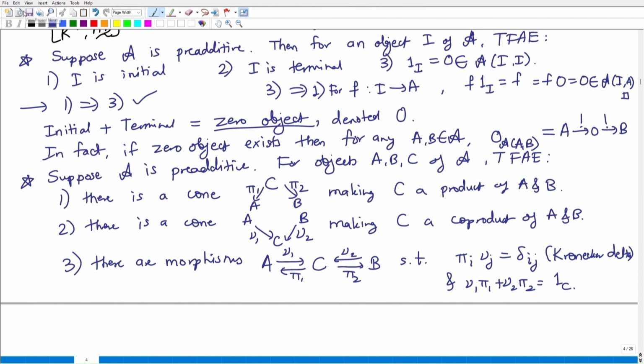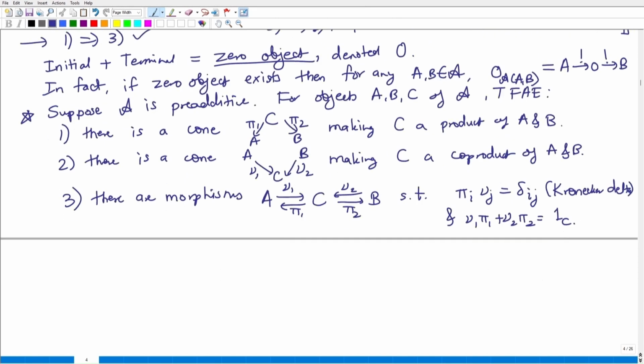You should ask some natural questions once you process the information. What we are saying in this third condition is that you start at A and then return to A, pi 1 nu 1 is the identity on A. Then start from A, go across using nu 1 and then pi 2, then you will reach 0.